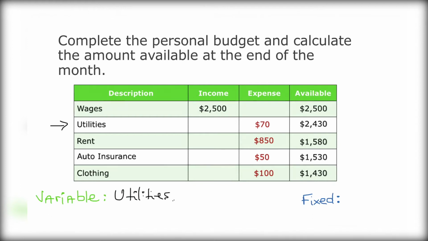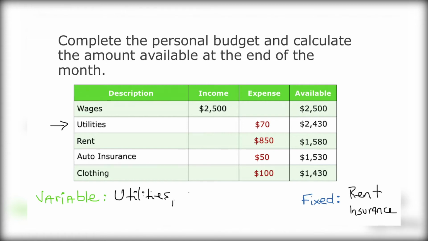Then the next one is rent, and rent is an expense that is fixed because rent does not change month to month, so this one is going to be on this side. The next one is auto insurance, and auto insurance is another example of a fixed expense because again it does not change month to month.